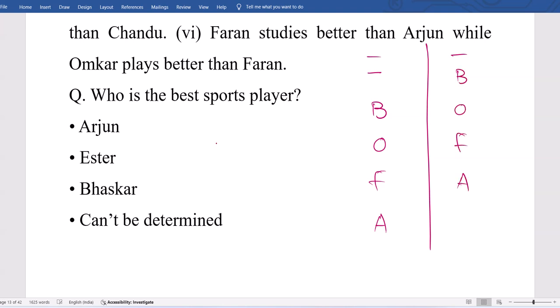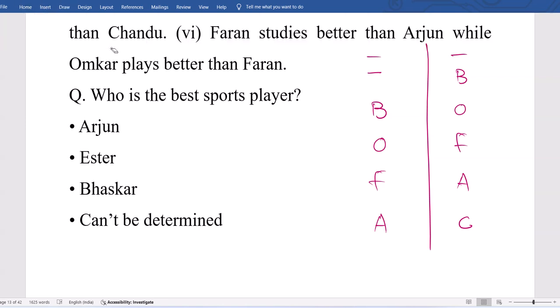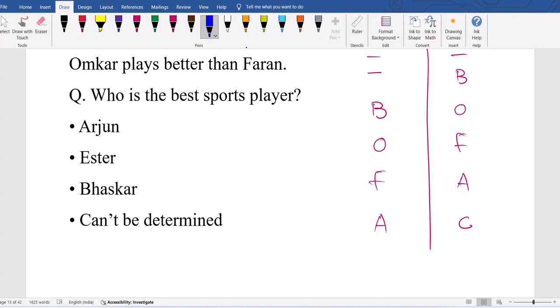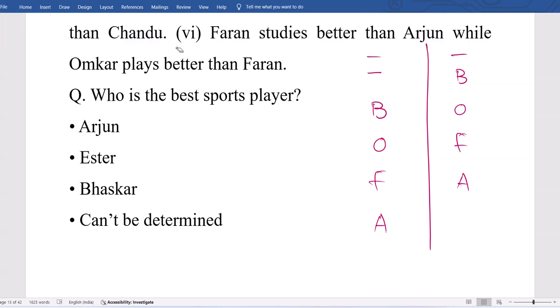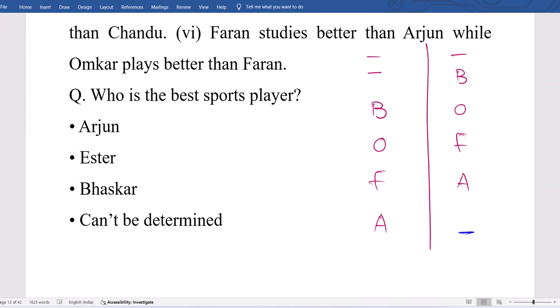Then C below? No, it may not be C below. Why can you say C below? Is there any statement? Let me check. Yeah, the slot below is empty. This is regarding academics. There are two choices so far regarding academics.